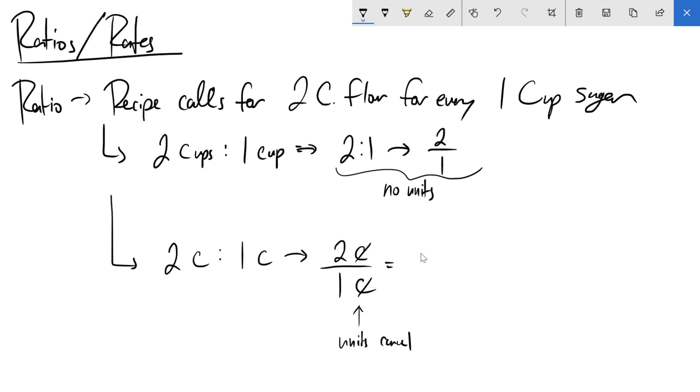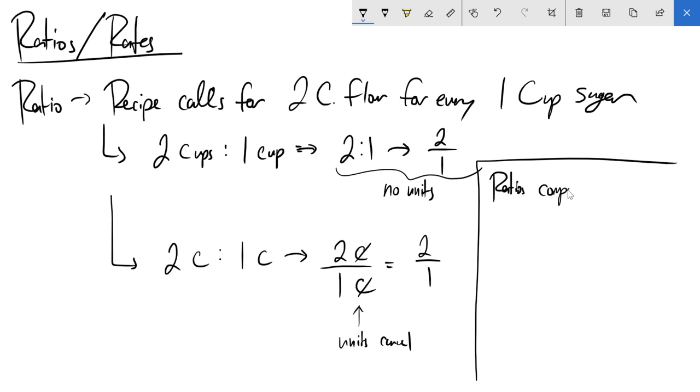You just end up with a fraction and no units left over. It's just 2 to 1. Ratios have no units because they compare two values with the same unit.